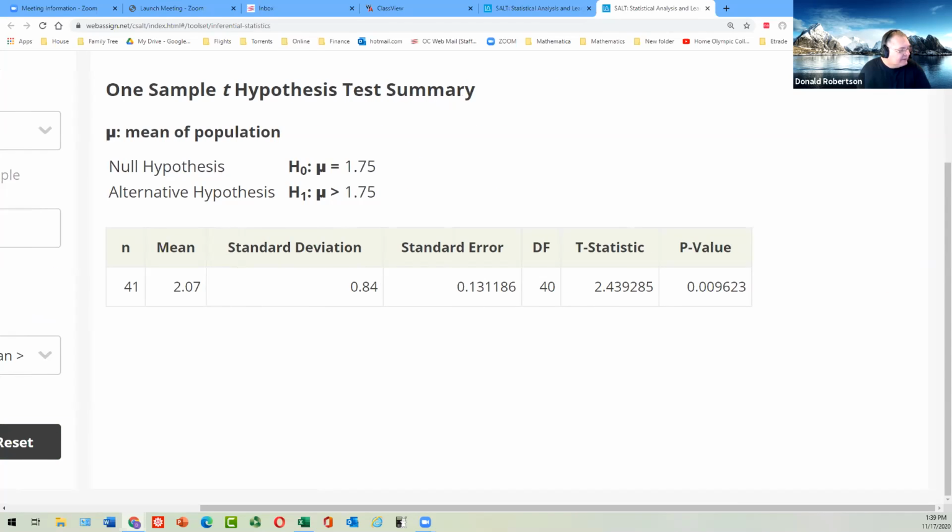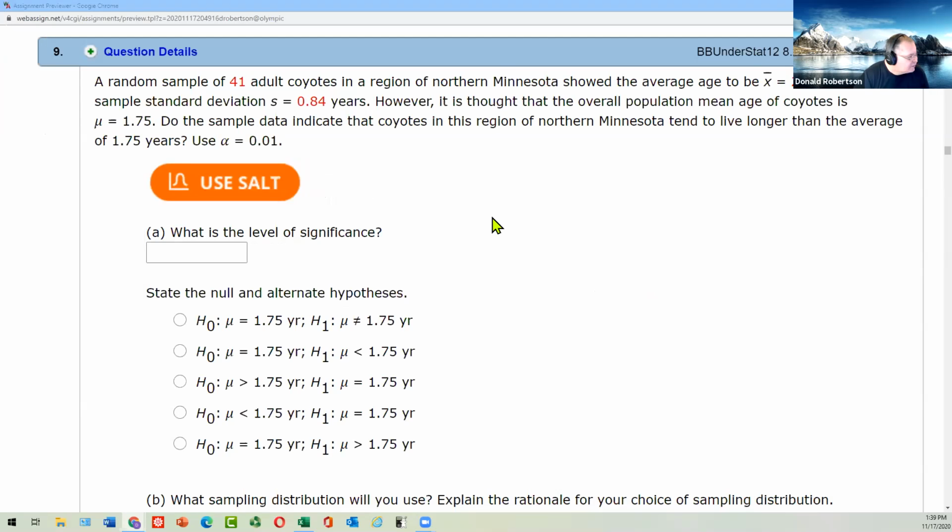And the T statistic, because I know they're probably going to ask me for that number, is 2.439. And the p-value is 0.009623. So significance level, 0.01, check.